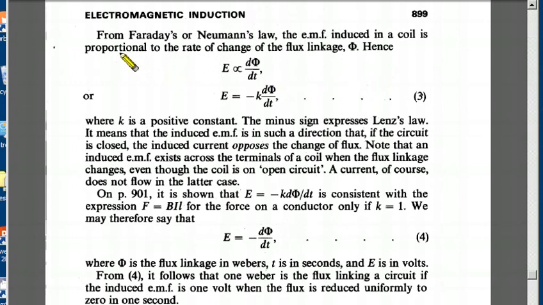Here is the principle that we are going to use to solve this problem. Electromagnetic induction, Faraday's or Neumann's law. So normally we say Faraday's law. The EMF induced in a coil is proportional to the rate of change of flux linkage. So E equals minus K d phi by dt.